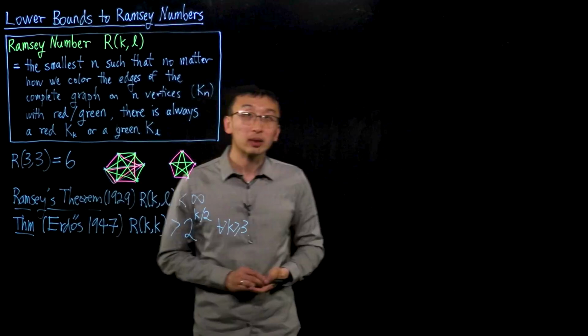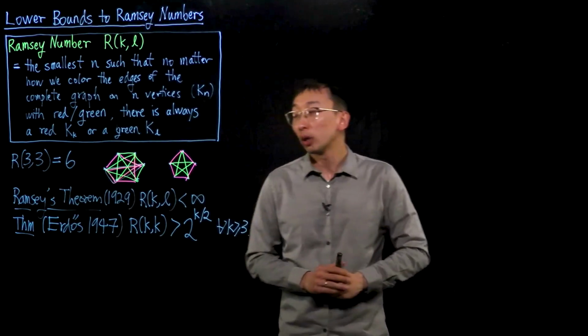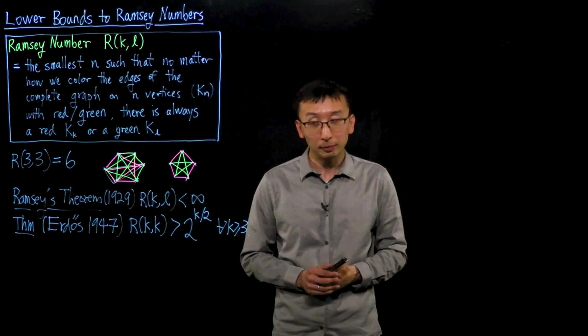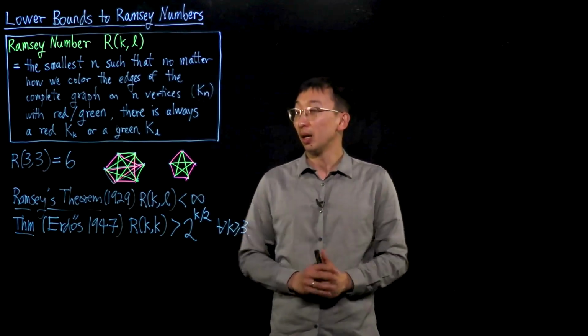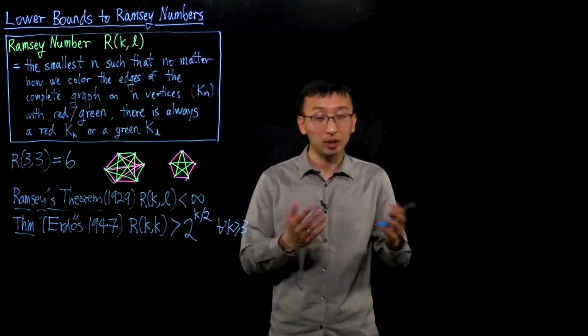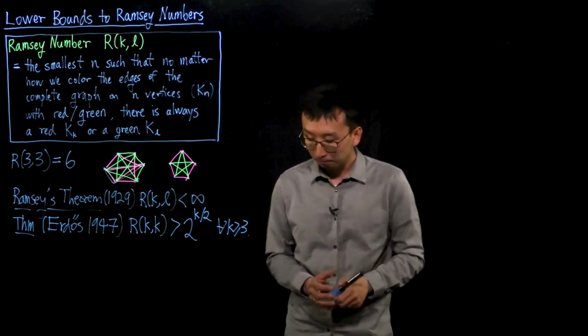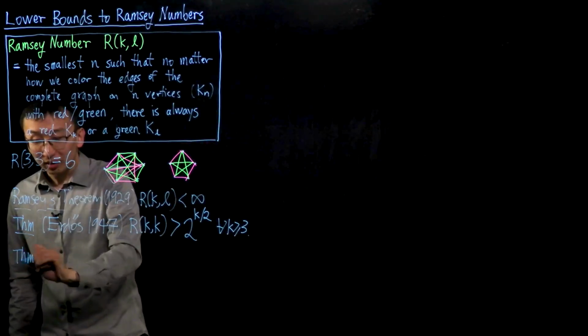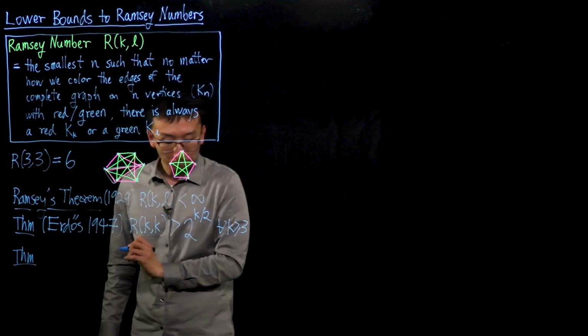Erdős's theorem is an important foundational result, and it's also one of the earliest demonstrations of the probabilistic method. So we will see this proof in this video. In fact, we will prove a slightly more general statement.